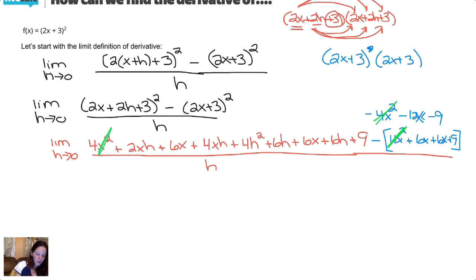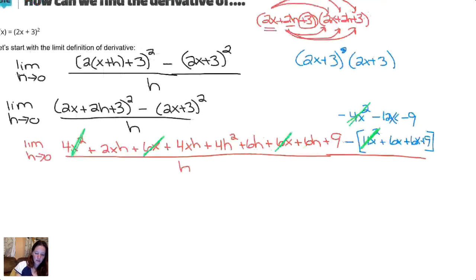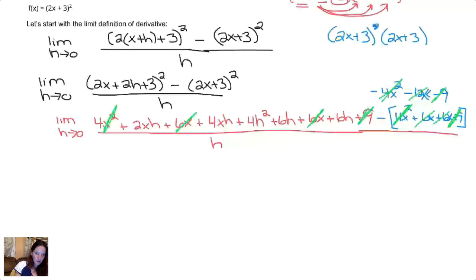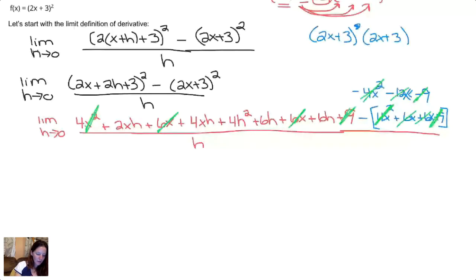We have a plus 6x that cancels and a minus 6x, plus 6x here and a plus 6x here, that cancel with the 12x. We also have a plus 9 and a minus 9. All right, so we canceled a whole bunch of stuff. I think that's all that we can cancel.